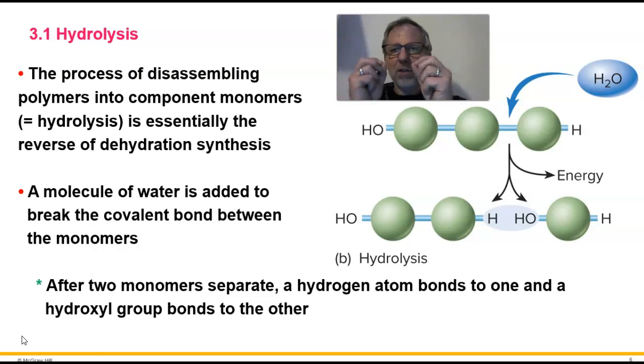You need to split those apart into monomers. Number 1, so you can get them from your digestive system into your blood. And number 2, those monomers are what you use to build your own molecules, your human molecules, if you will. So digestion is an excellent example of when hydrolysis happens.